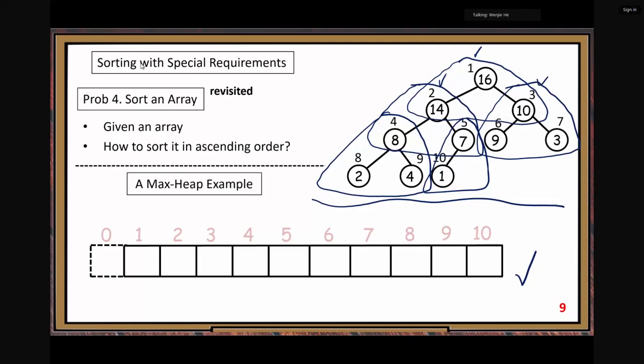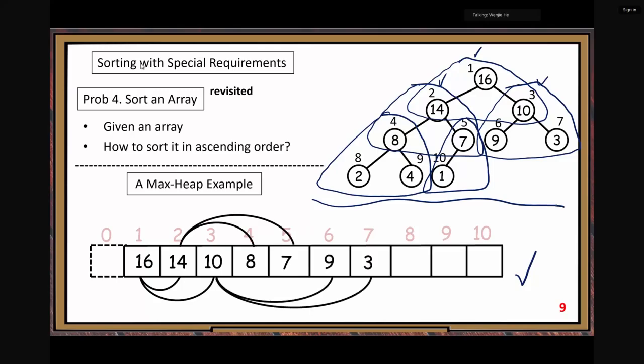16 we put in location 1. Then its 2 child nodes are in locations 2 and 3. Node 2 has child nodes 4 and 5. Node 3 has child nodes 6 and 7. Node 4 has 2 child nodes, 8 and 9. Node 5 has only 1 child, 10.